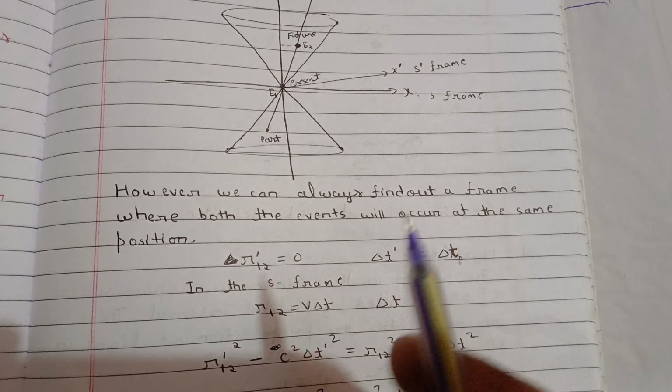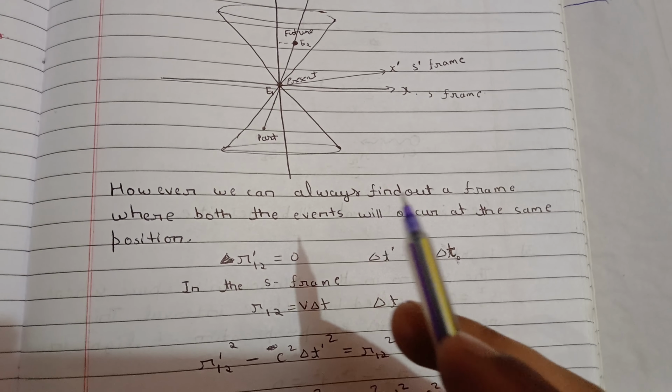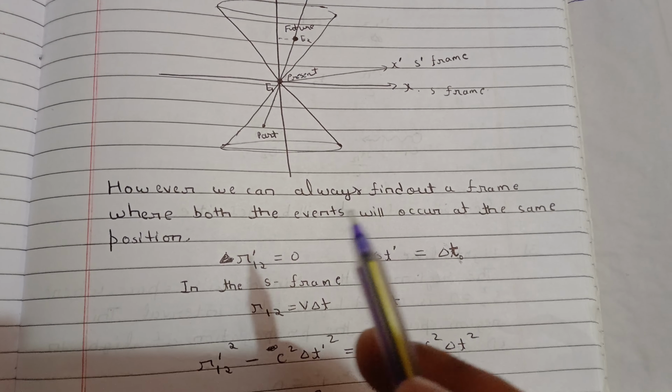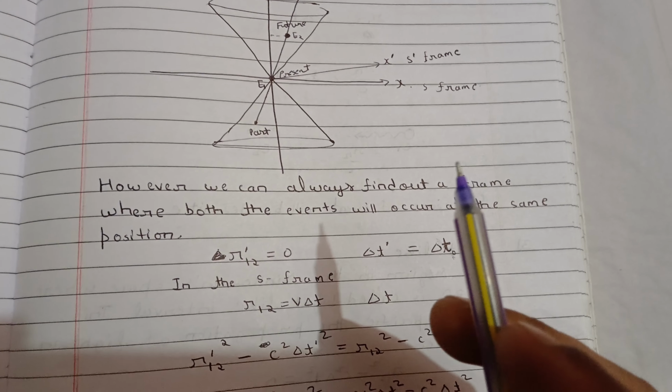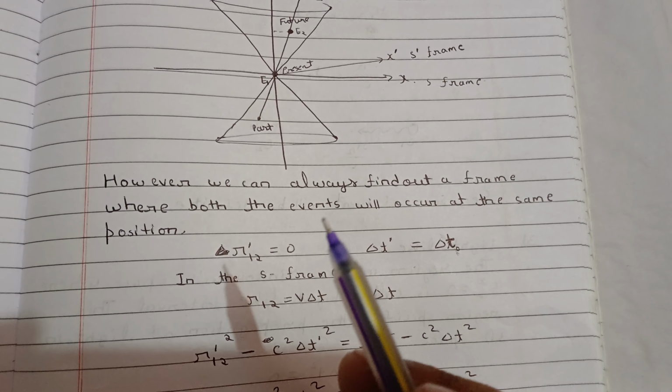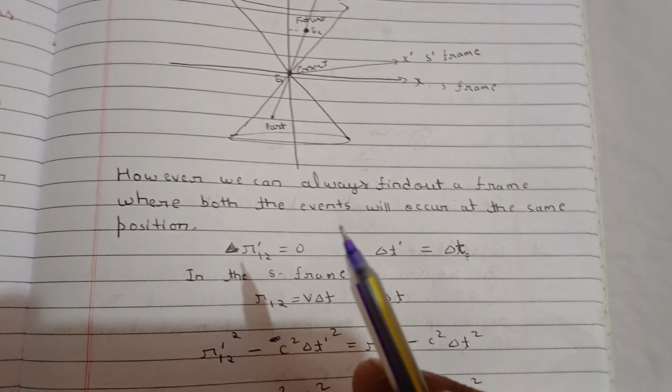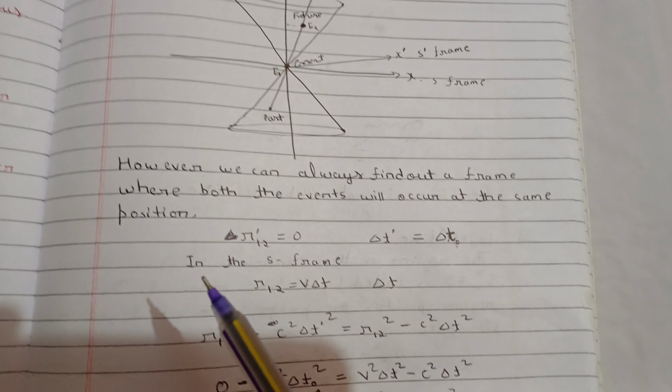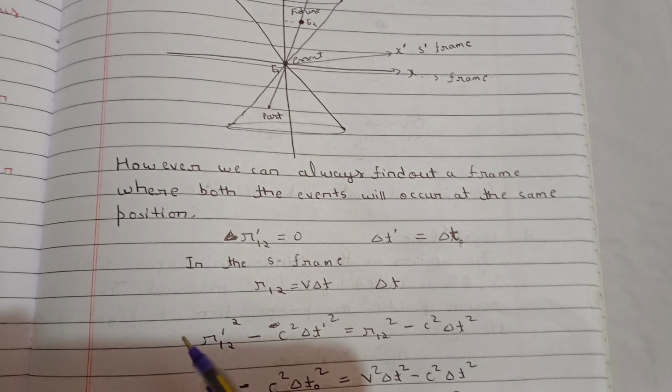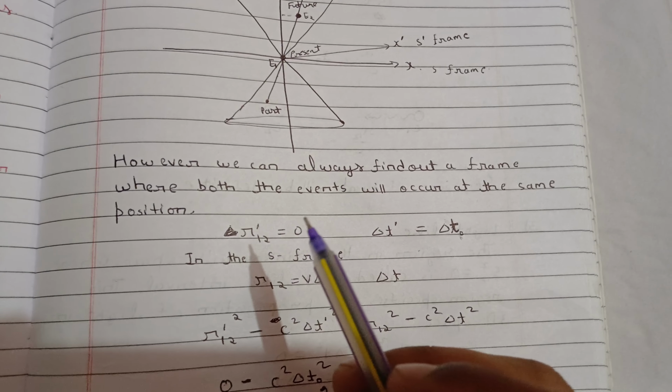It means the frame is attached to the clock, and whatever coordinates it has in that frame will remain the same all the time. Only then can we observe time dilation. If you are confused, you can go back and see the time dilation lectures. You will be clear about it.